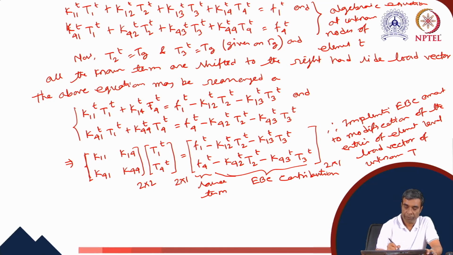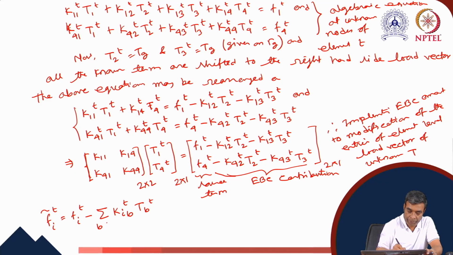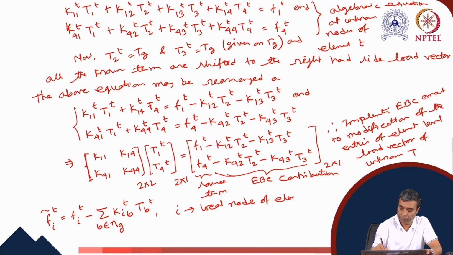So the right hand side vector, which we can represent as F I T, we can give a tilde: F I tilde T equals F I T minus summation of K I B T T B T, where B belongs to eta G. I is the local node of element T at which the algebraic equation is written.